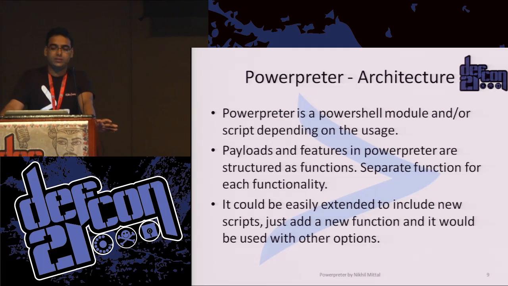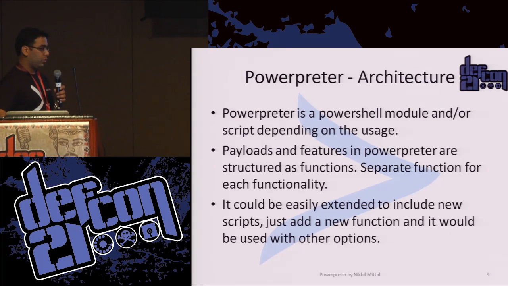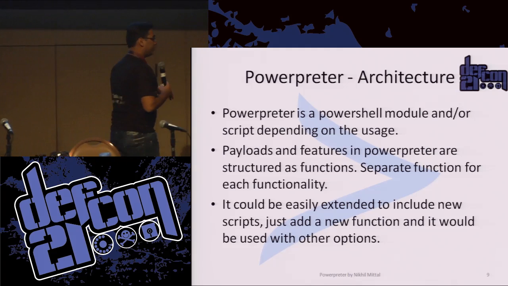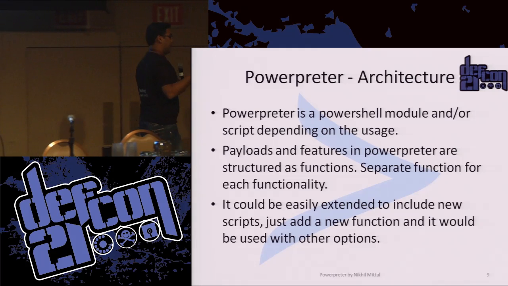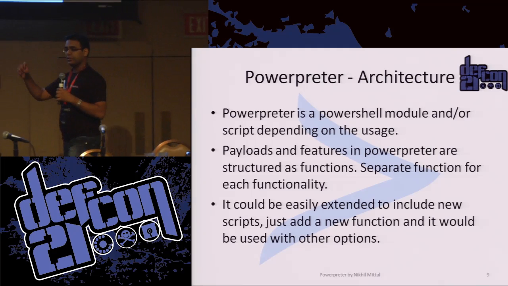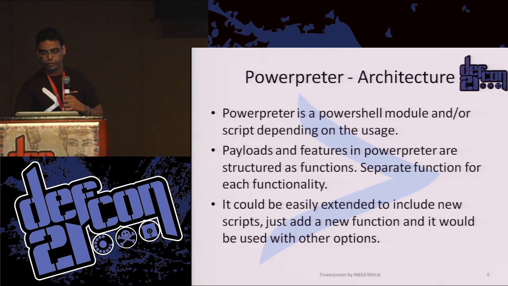Each function represents a different functionality. So if you have some code which you want to include with PowerPreter so that its helper functionalities could be used, for example, persistence, pivoting, etc., then you can just write a new function, copy it into your PowerShell module, and you're good to go.